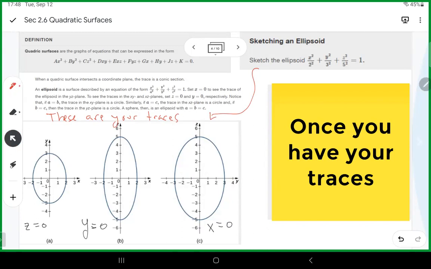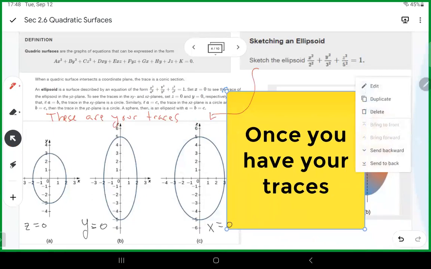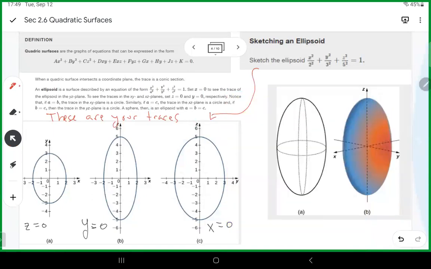And then once we have our traces, we then would have our framework. So this is our framework.